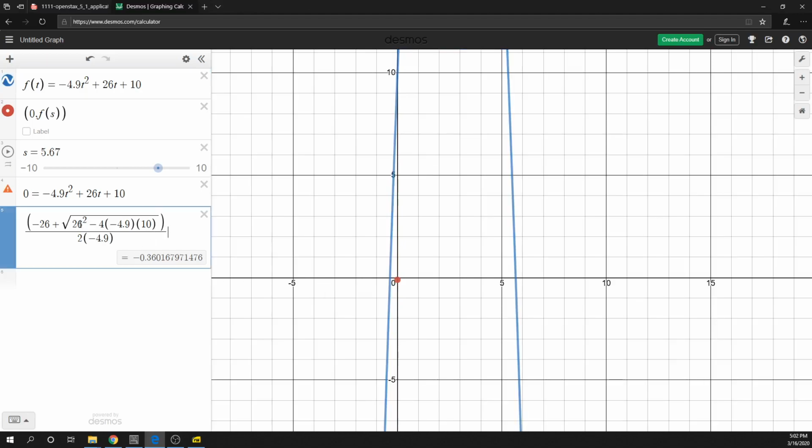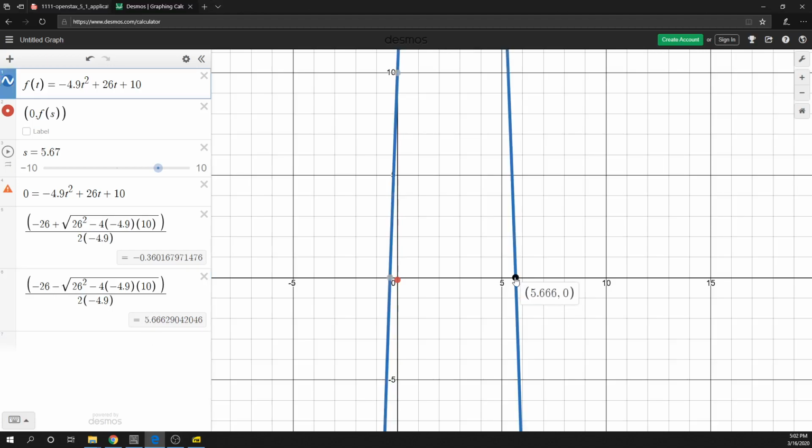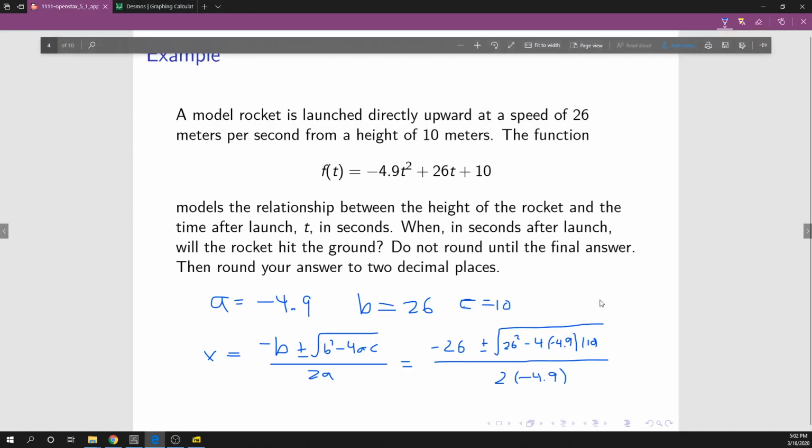So the other answer with the minus gives me the positive answer. That's this answer here, and that's very close to the answer that we came up with just messing around with this simulation. And so it would be 5.67 to 2 decimal places. So on this one, you would use the quadratic formula.